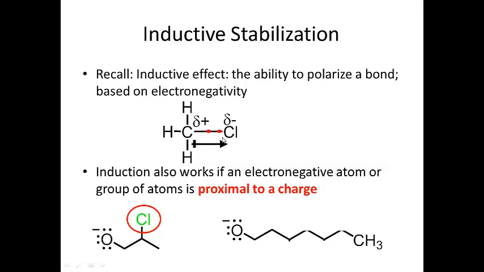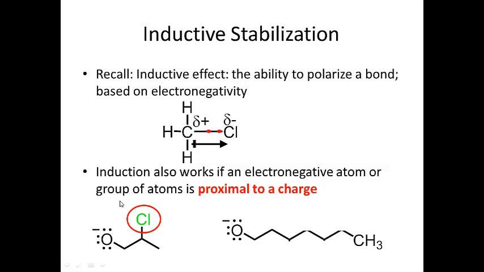All right, but induction also works if you have an electronegative atom or group of atoms proximal to a charge. If you look at this molecule here, there's a negative charge on oxygen, but there's a chlorine adjacent to that charge.